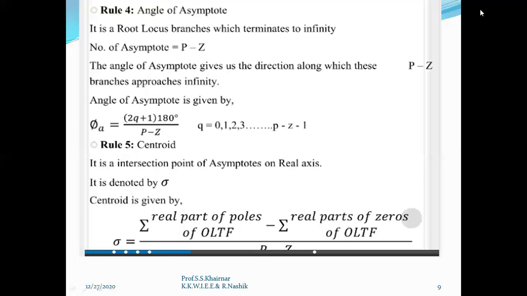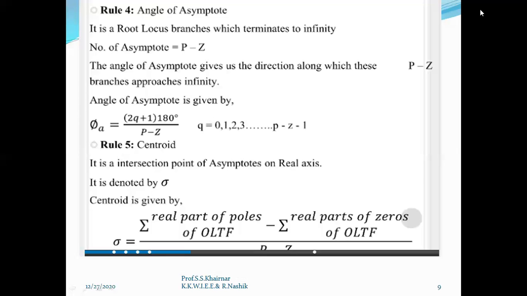So we have to find the real axis loci. Rule number 3. So what is real axis loci? The addition of the number of poles and zeros to the right side of that point should be odd. So this is the S plane, and this is its real axis, sigma, and imaginary axis, j omega.